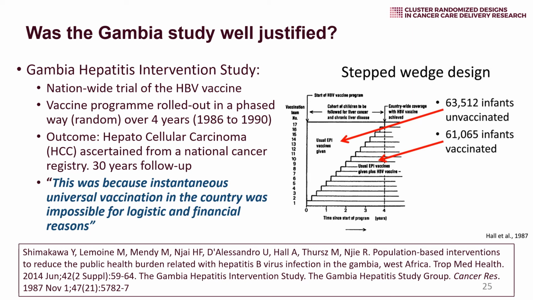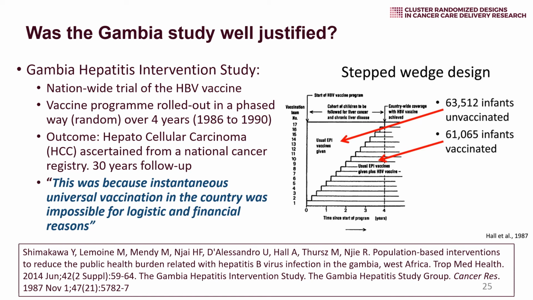The investigators adopted this design, they said, because instantaneous and universal vaccination in the country was impossible for logistical and financial reasons. The right-hand side illustrates the trial design. We've got our 17 geographical regions across the Gambia, coincidentally the same as in the Porsche trial.